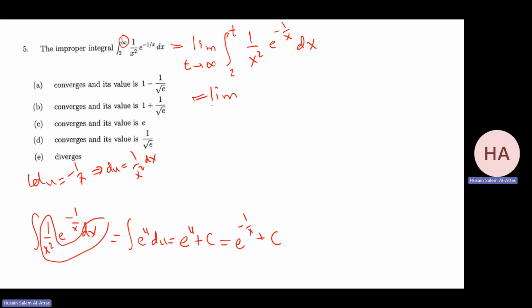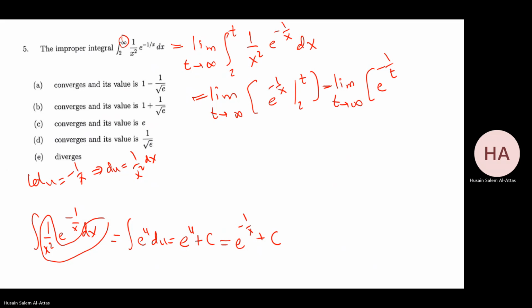So this one will be the limit as t goes to infinity of e to the minus 1 over x from 2 to t. That will be the limit as t goes to infinity of e to the minus 1 over t, minus e to the minus half.